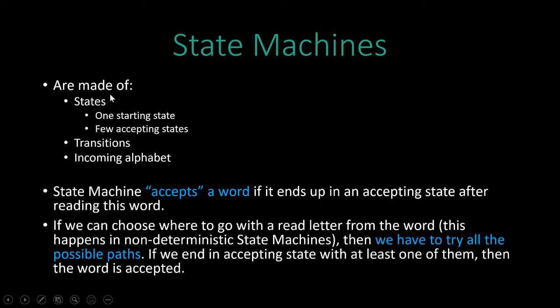One of these states is the starting one, which is where the machine is initialized. Then there are a few accepting states; there doesn't have to be any, but then the machine is useless because it doesn't accept anything. But there can be more than one, because more states can be the accepting ones.